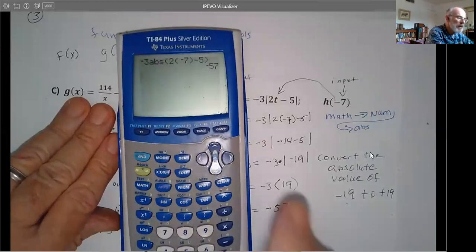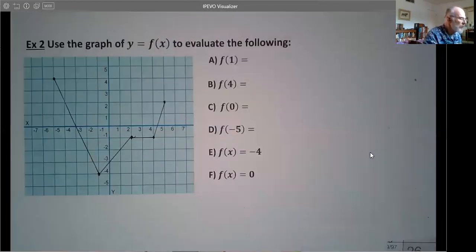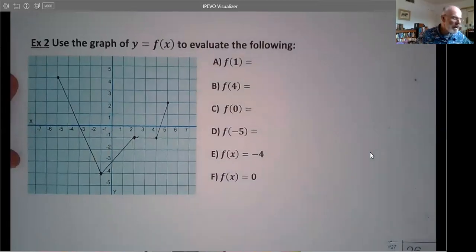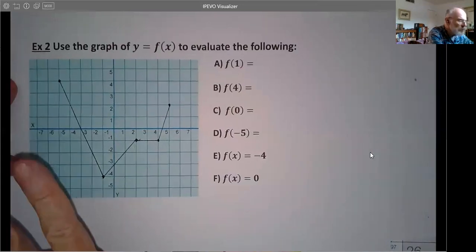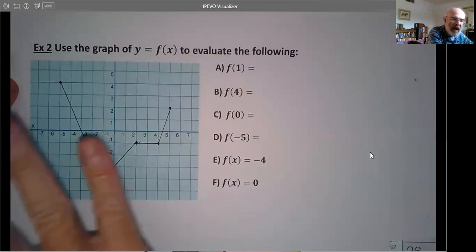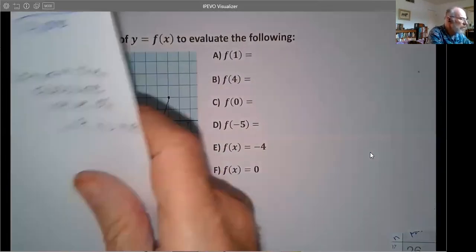Okay. I think we have one more page here. Here we're doing something a little different now. Before, we were using algebraic expressions and coming up with x and y values. I'm sorry, I didn't finish this one.